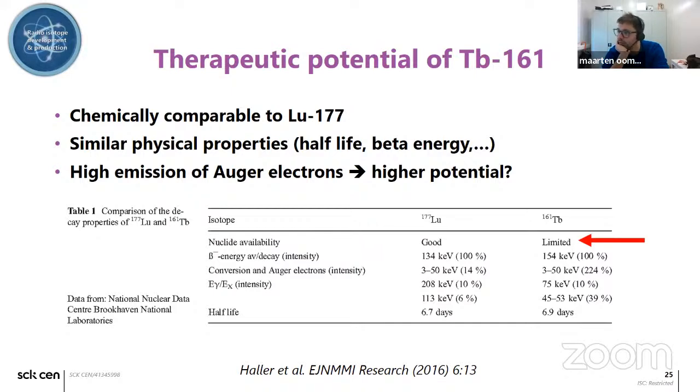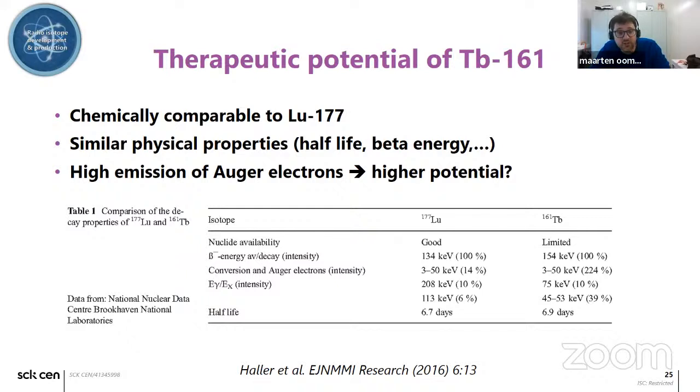However, there is a much higher emission of Auger electrons. These are high linear energy transfer particles that give up a lot of dose over a short distance. So from that perspective, terbium has very high potential, superior compared to lutetium.